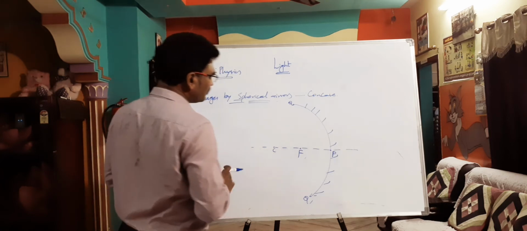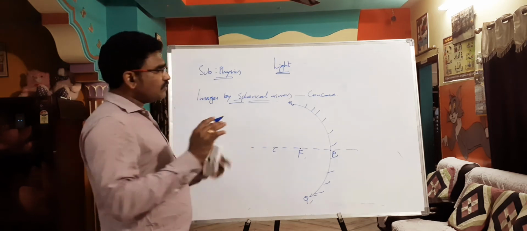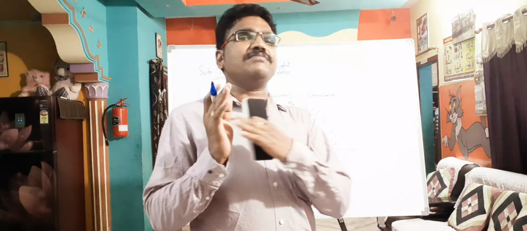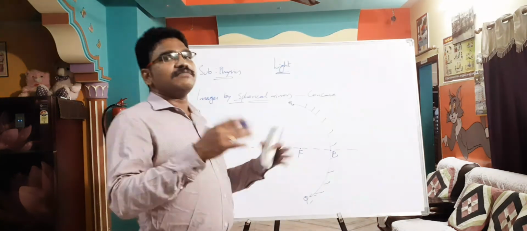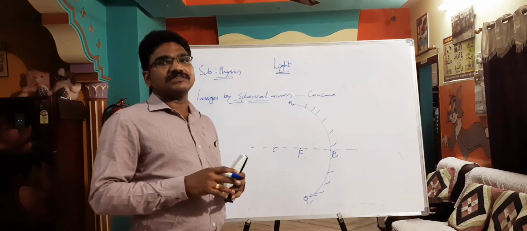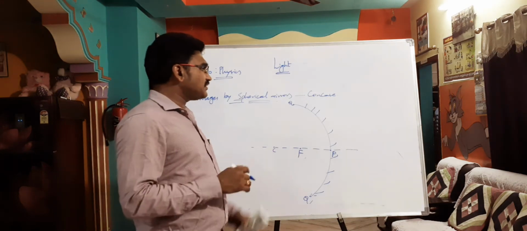Now we'll put the objects at different positions. When the object is coming near to the spherical mirror, or when it is far away from the spherical mirror, how the images are formed, that is, how the characteristics of the images vary, we will discuss now.